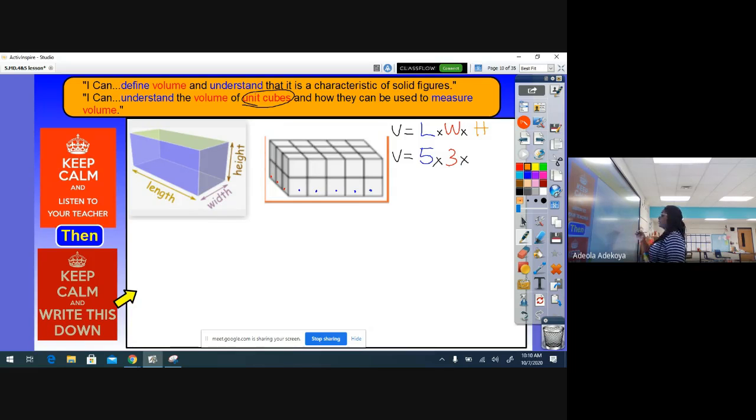And for my height, how high does this go? I'm going to count from down from the bottom. 1, 2. I'm going to plug in my 2 right here. So what is my volume? My volume, I'm going to go ahead and multiply. I can multiply 5 by 3, and then multiply by 2, or I can do it in any order, multiplying the factors in any of the orders.